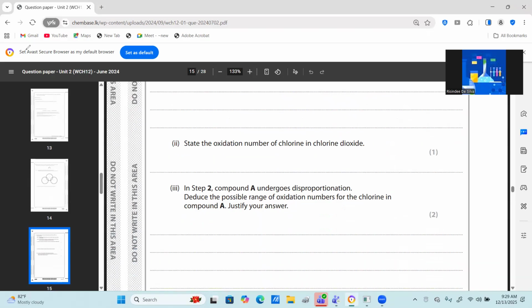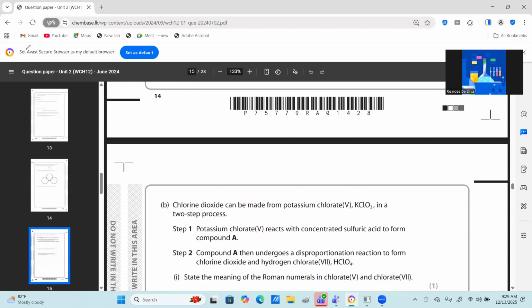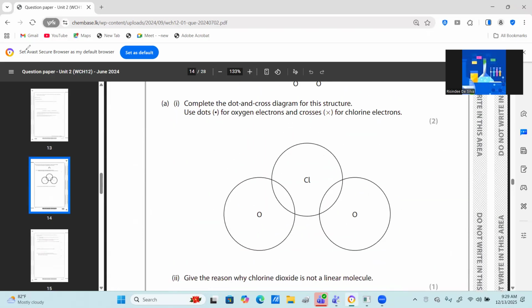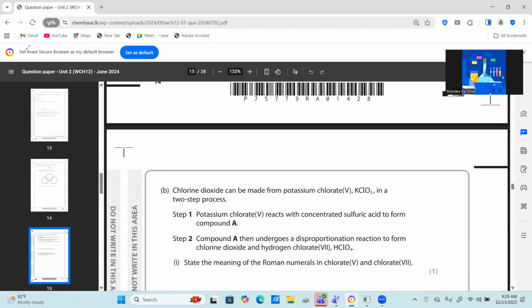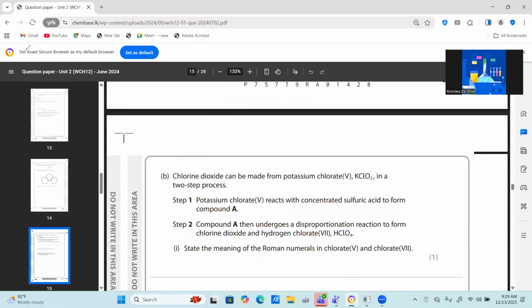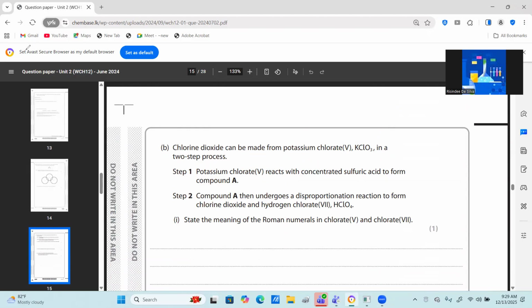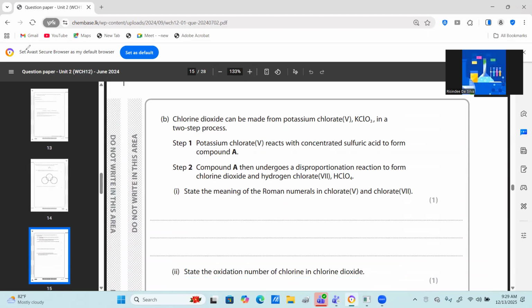In step 2, compound A undergoes disproportionation. So compound A is formed when potassium chlorate reacts with concentrated sulfuric acid.